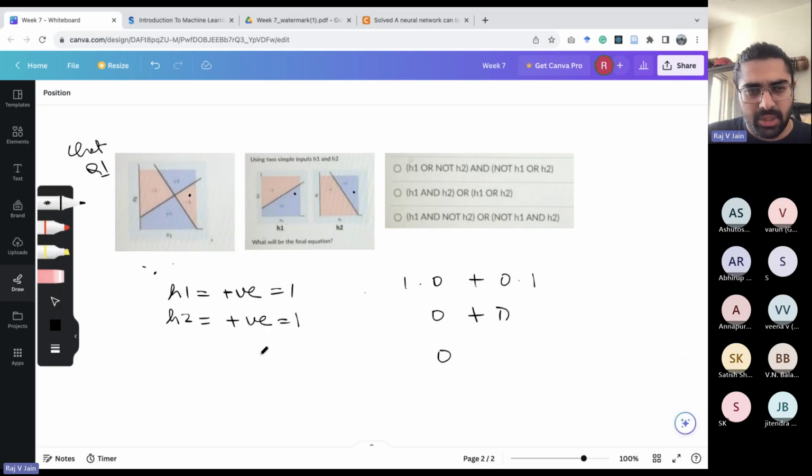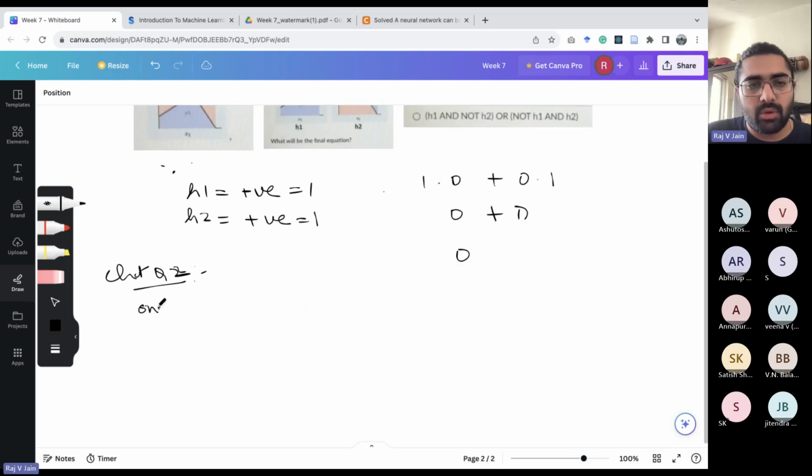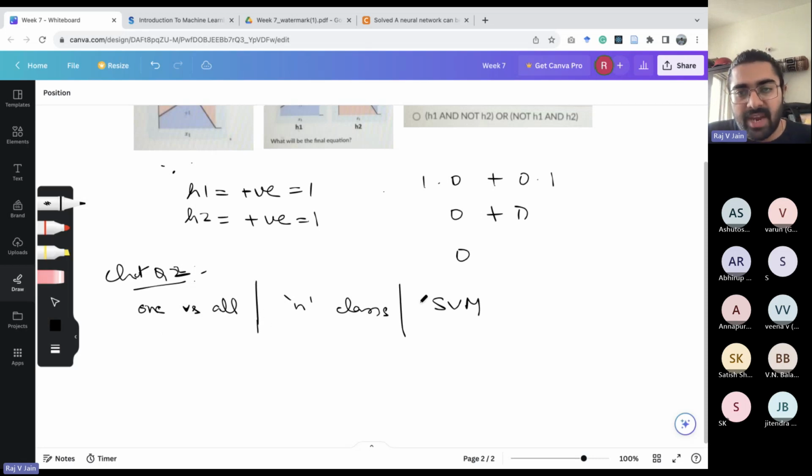We have covered this sort of question previously also. Anyone wants to take this? So with one versus all, we're trying to use one versus all for an n class classification problem, right? And we want to use SVM, right? So how many different SVM models will we have to train?